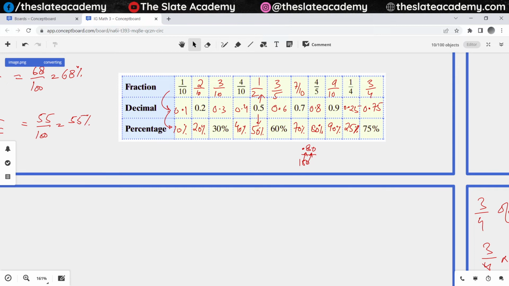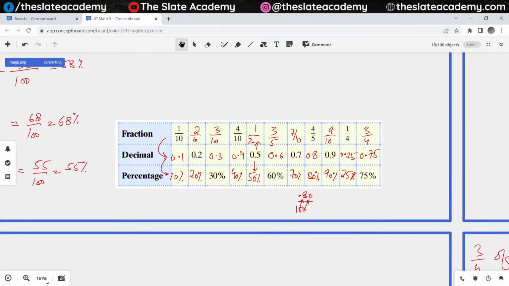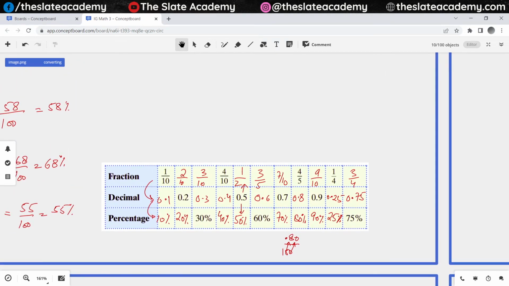Okay, so here are a few fractions that would be really beneficial for you to always understand. 1 over 4 means a quarter of something, and a quarter of 100 would be 25. So 1 over 4 is 25%. 2 over 4 means half or 50%.